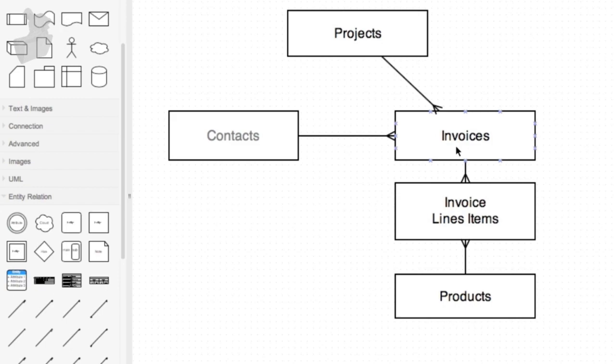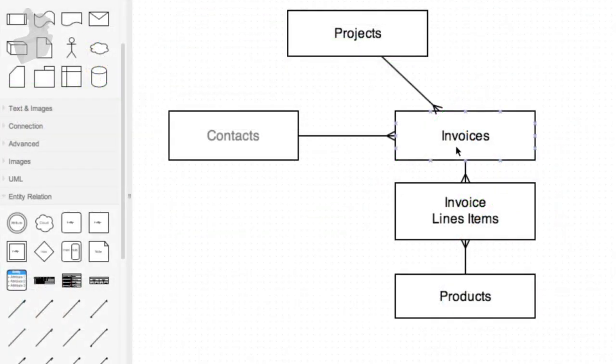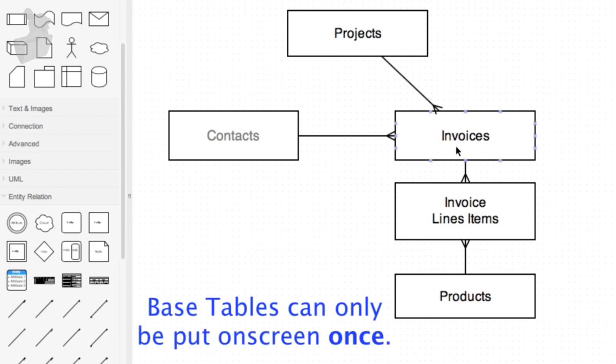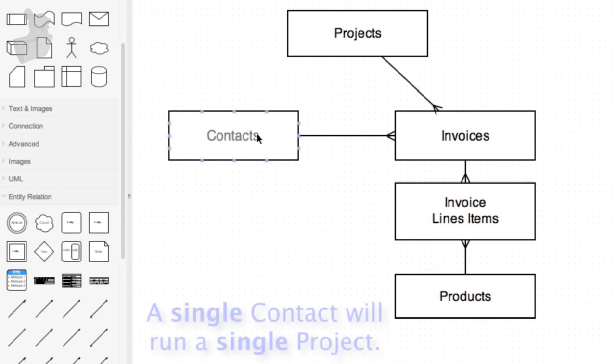Now, this is where things take an interesting turn. Remember, we said that a relational diagram cannot have a circular reference, but you could put table occurrences on there from a table multiple times on a relational diagram. Here, these are base tables, and they can only be put on screen once. Well, we also know that a project can belong to a contact, right? Makes sense? In fact, let's say for the purposes of our discussion here that a single contact will run a single project.